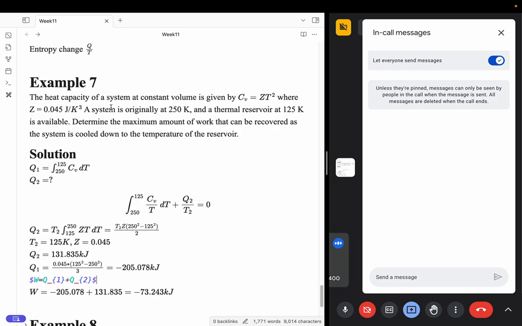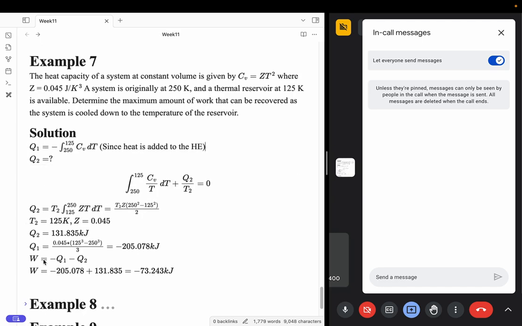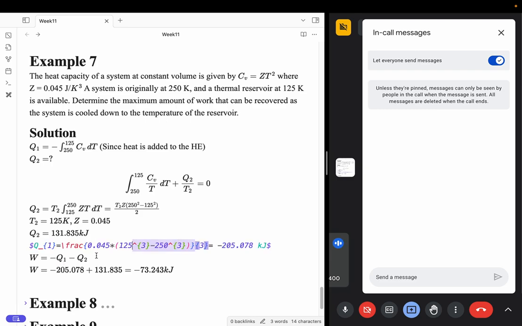But if you are writing for the heat engine, it will be the reverse of this one, right? Okay, that I think I messed up there. So minus Q1, Q2 is the heat rejected from the heat engine. It should be minus here. Okay, and remove the minus from here.